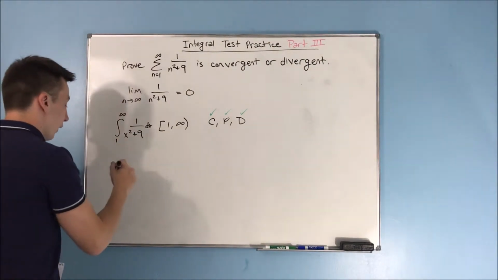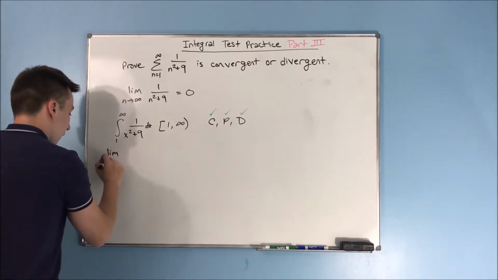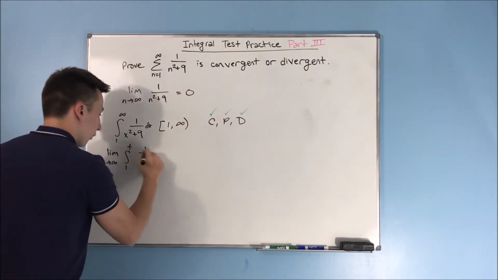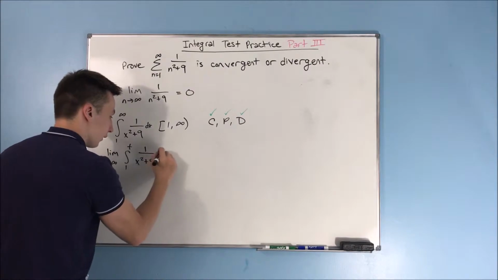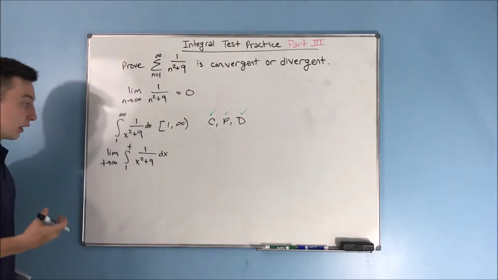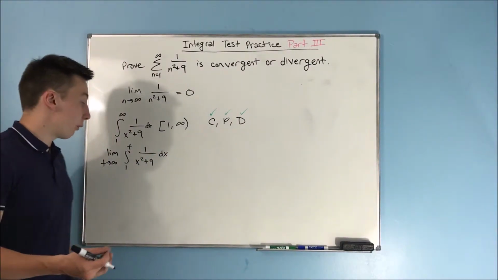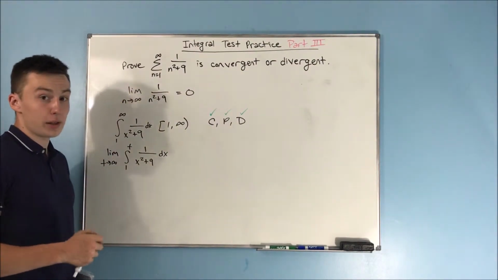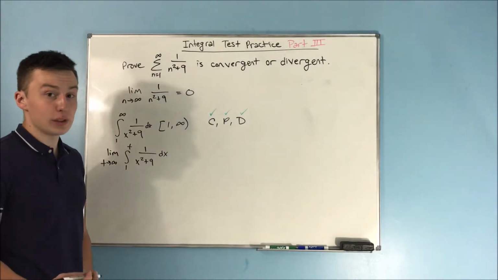If we want to do that, we take the limit as t approaches infinity of the integral from 1 to t of 1 over x squared plus 9 dx. What does this look like to you? We have x squared plus 9 in the denominator, and we don't have an x in the numerator where we can do an easy u substitution.